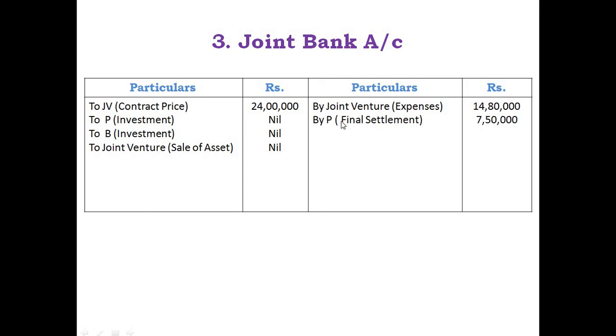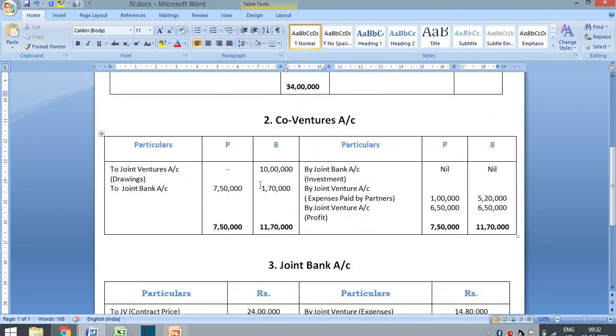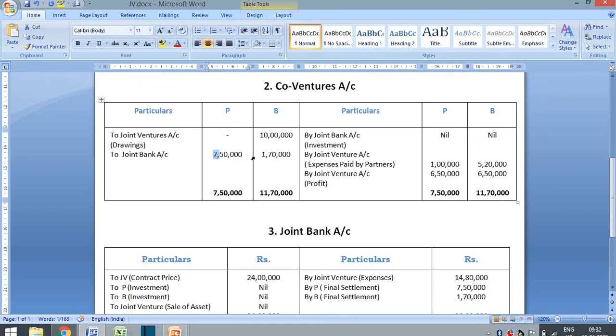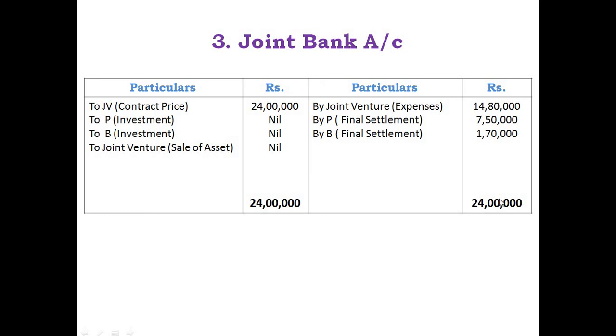After this, the final settlement made to P and B. Where is the final settlement? The final settlement was made in the second account, the co-venturers account, 7,50,000 and 7,20,000. So finally, the joint bank account should tally. We got the right answer, that is 24 lakh and 24 lakh on both sides.